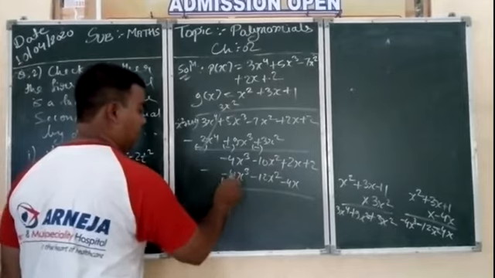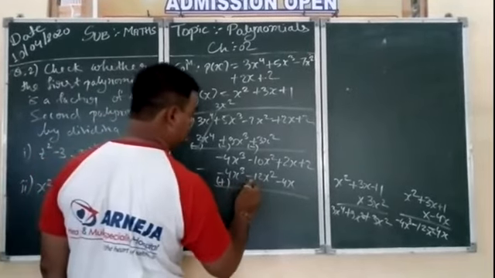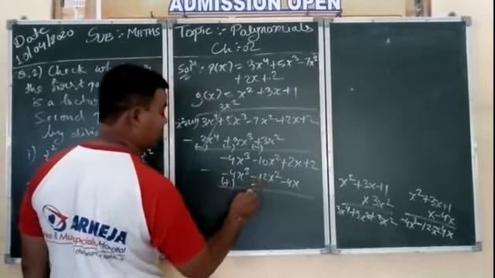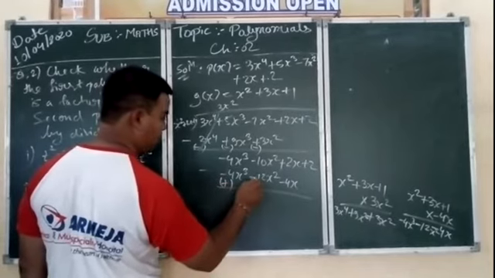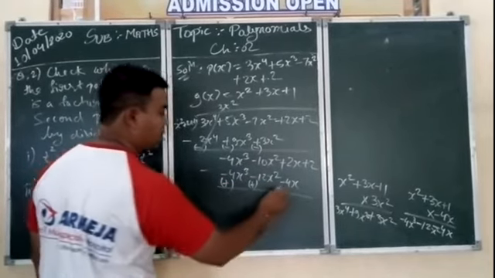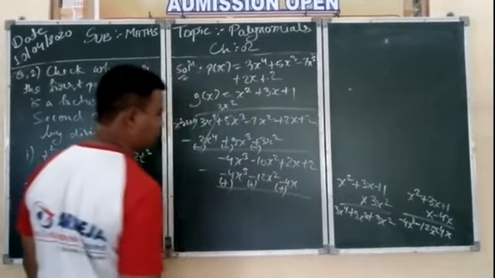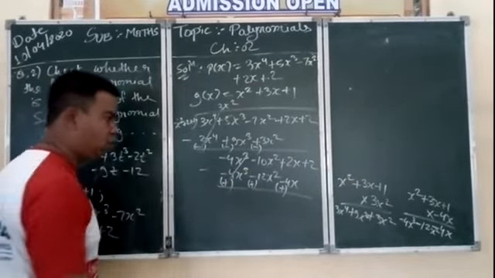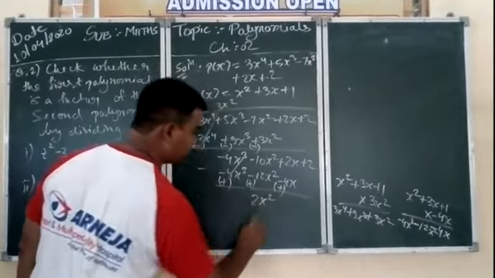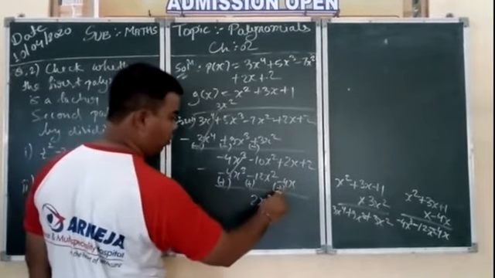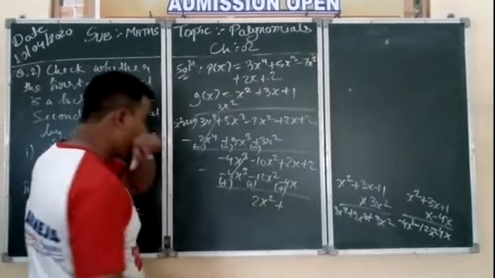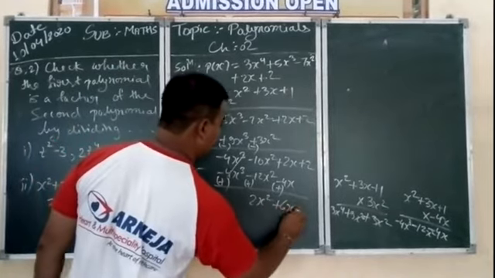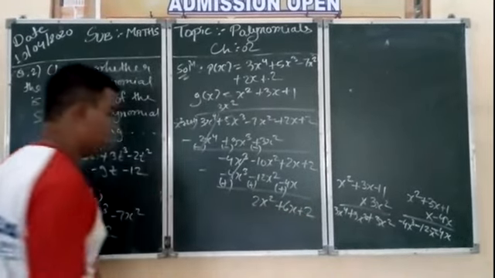The signs change. Minus 10 plus 12 is 2x square, 2 plus 4 is 6x, and plus 2.